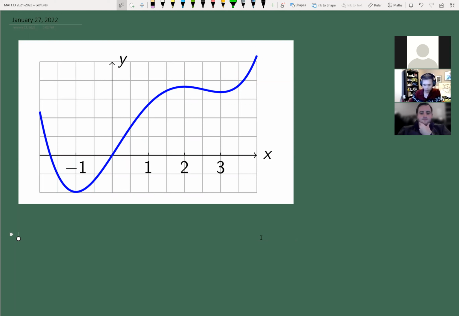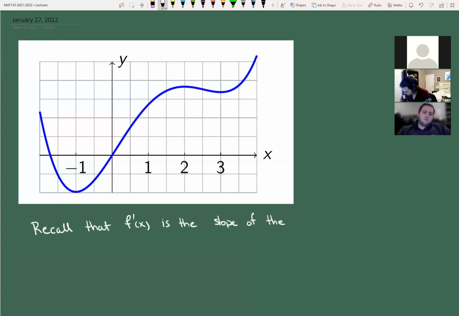So recall that f prime of x is the slope of the tangent line at x, right? Okay, so let's choose a point and let's see what that might look like.